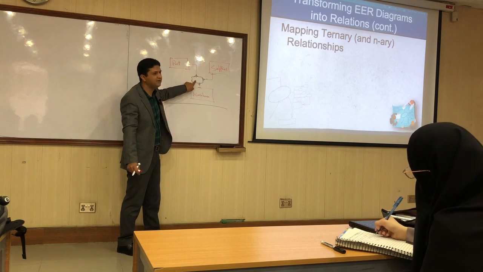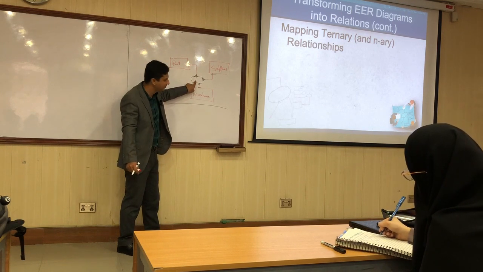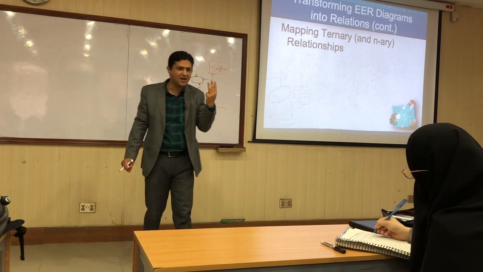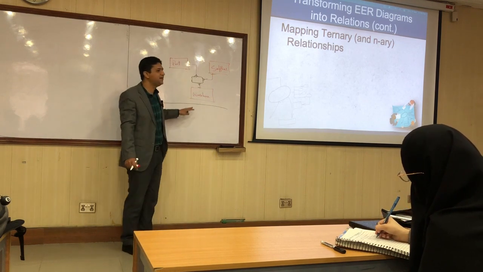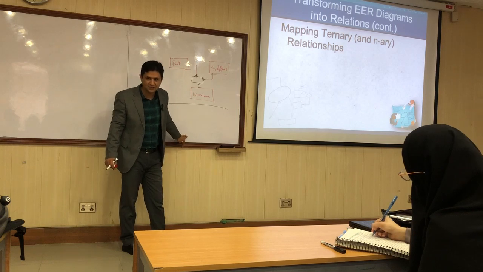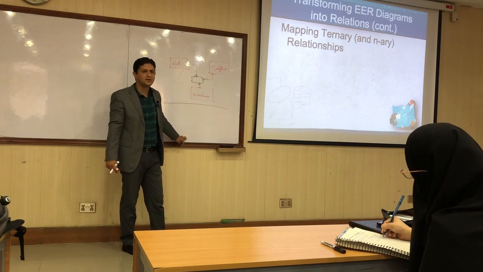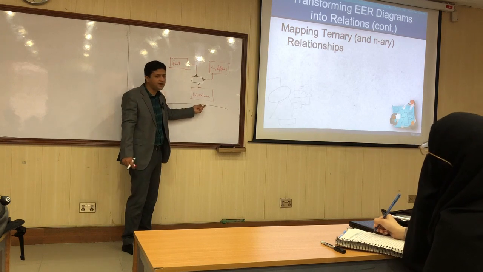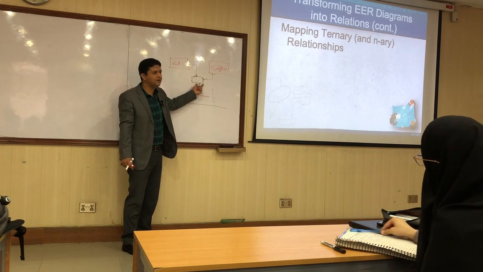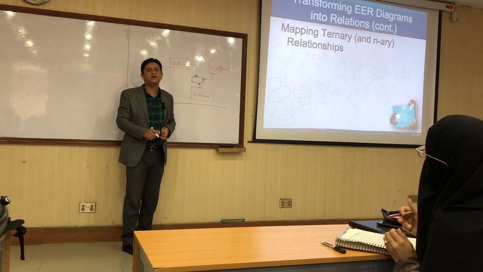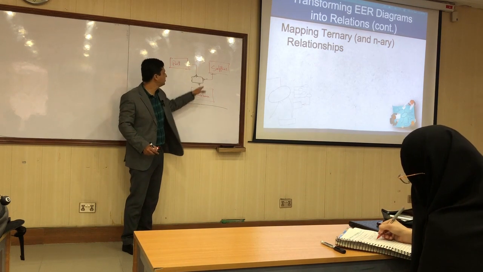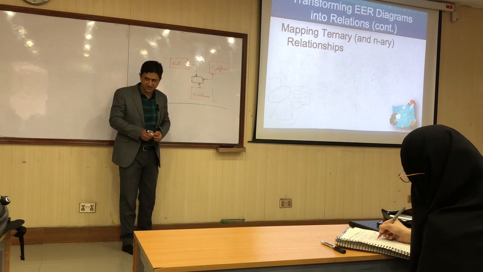So this associative entity shall have 3 foreign keys. All of the participating entities' primary keys would be created as foreign keys in the associative entity, and those 3 foreign keys will reference the primary keys of these participating entities.